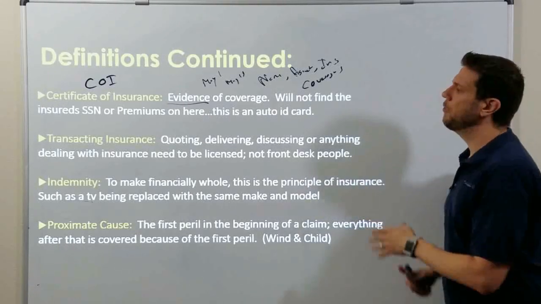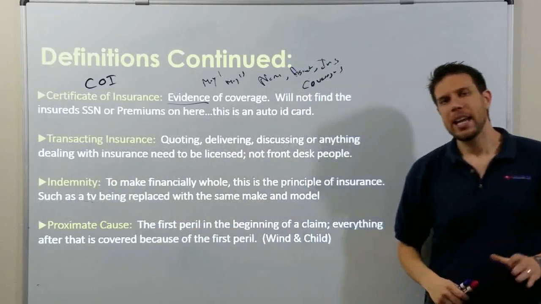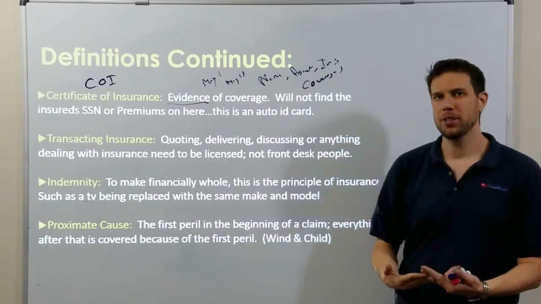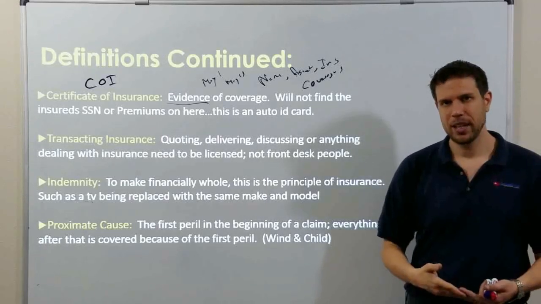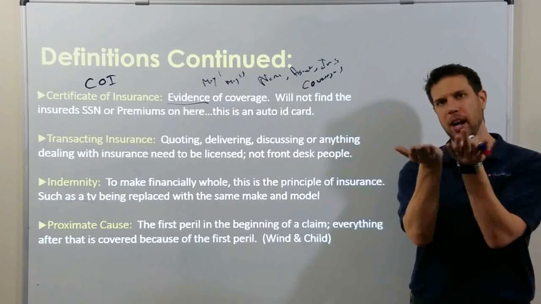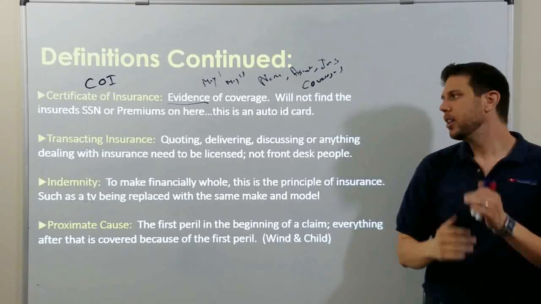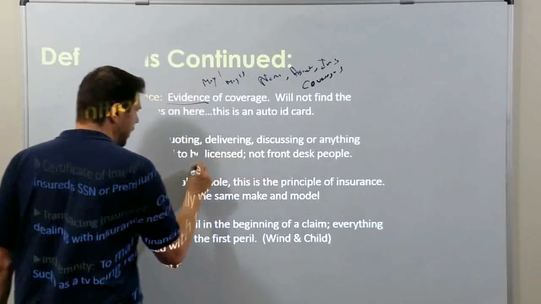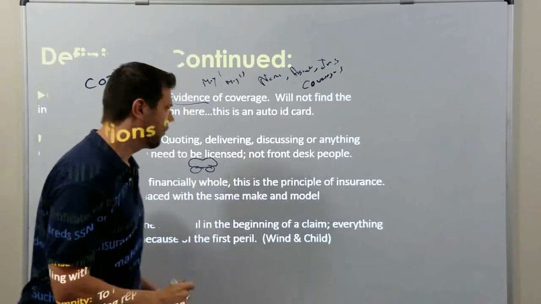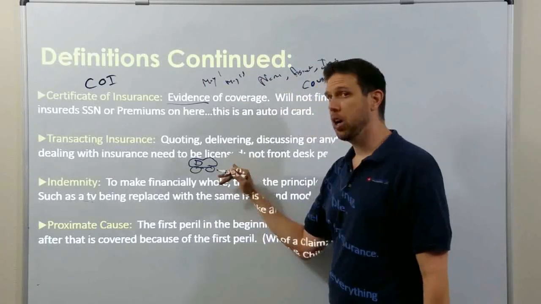The next word we have is a very important word in the insurance industry. It's called indemnity. On your test, indemnity is the founding principle of insurance. Indemnity is to make somebody financially whole up to the limits of the policy if they have a claim. So for example, if you have a car and I go and kick a dent in your car, the insurance company's not going to buy you a new car.